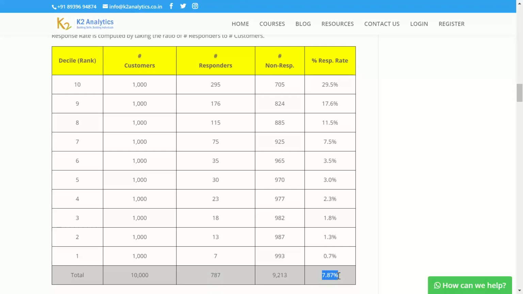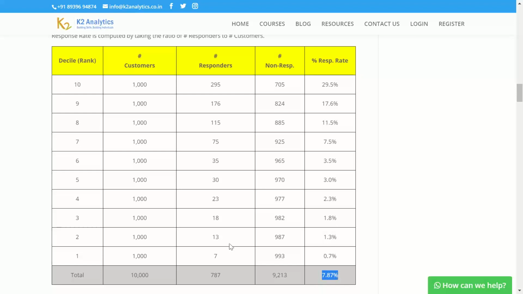I repeat, the overall total is telling you, if you randomly do a campaign of 10,000 people being targeted, 7.87% response rate is what you get. In case you randomly target 1 lakh customers, then you will get around 7,870 responses.